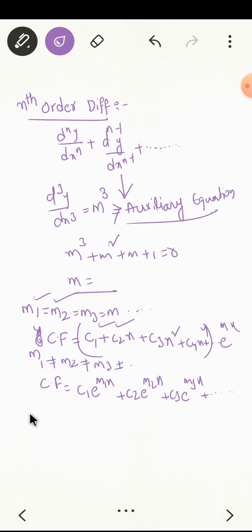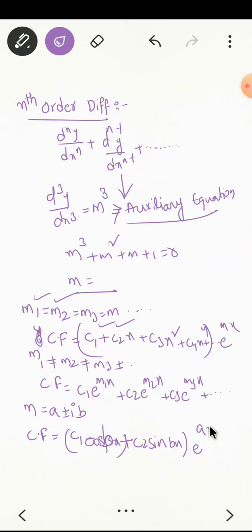Then if you have complex roots, m = a ± ib, the complementary function can be written as e^(ax) (c1 cos bx + c2 sin bx).